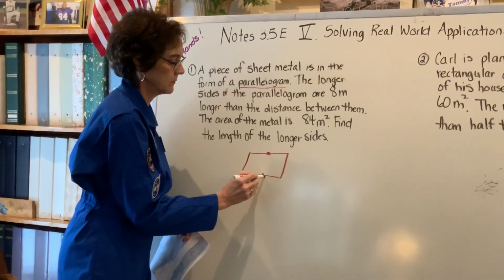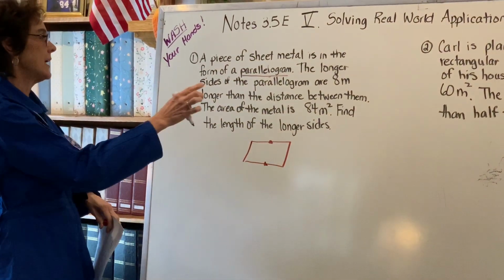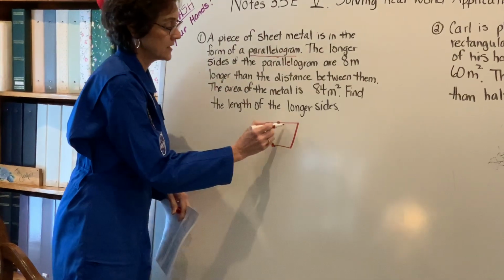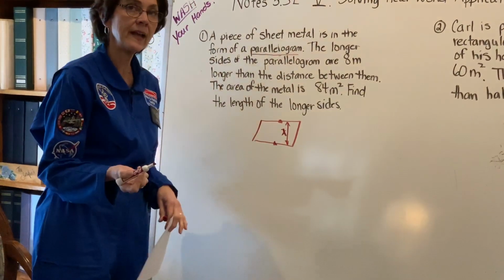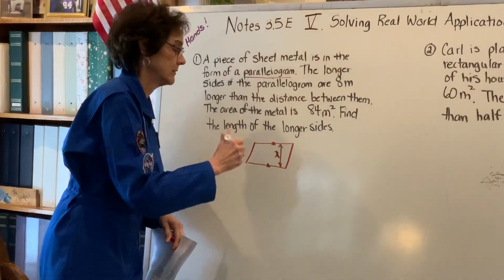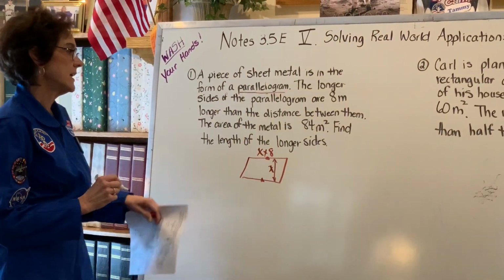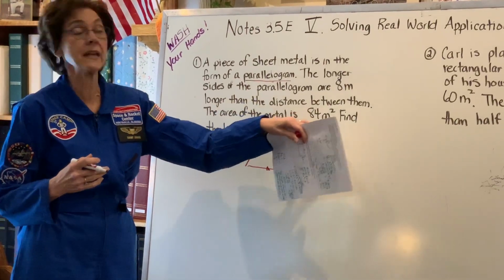These are parallel. Of course, those are also parallel, but these are the longer sides. They're 8 meters longer than the distance between them. So the distance between them would be right here. So we'll call that X. So these are 8 meters longer than that. So X plus 8.